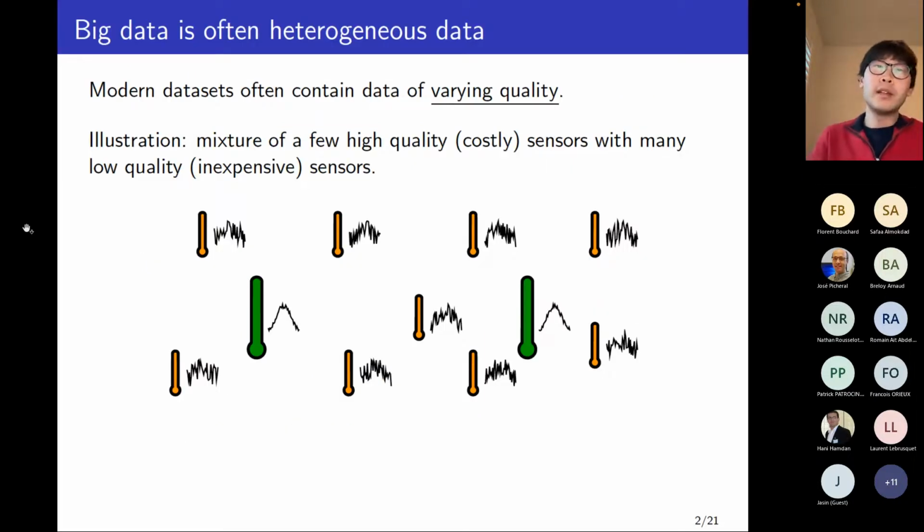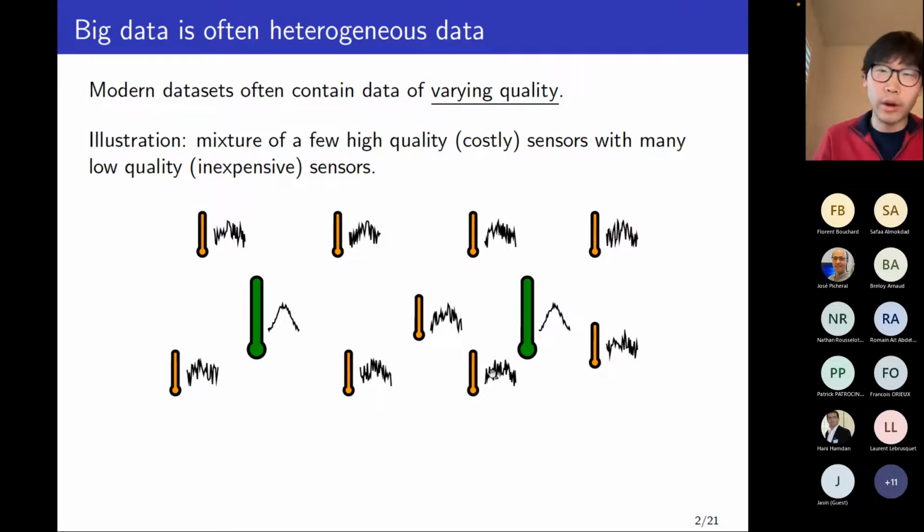So the motivation for this work is that big data is often heterogeneous data. A lot of modern data sets contain data of varying quality. A toy stylized example of that: imagine, in a city, a bunch of sensors, say thermostats placed all around the city.